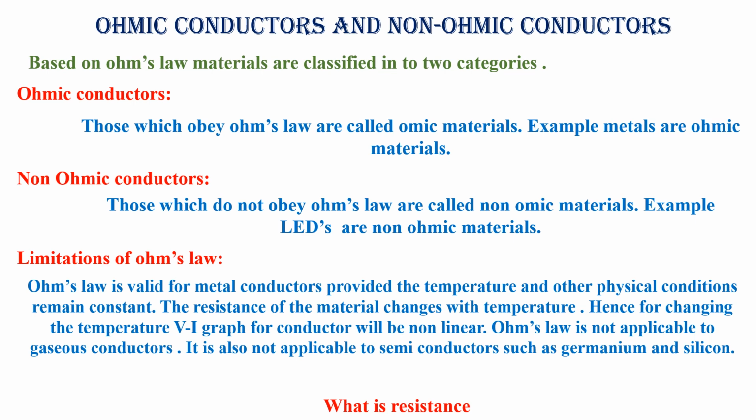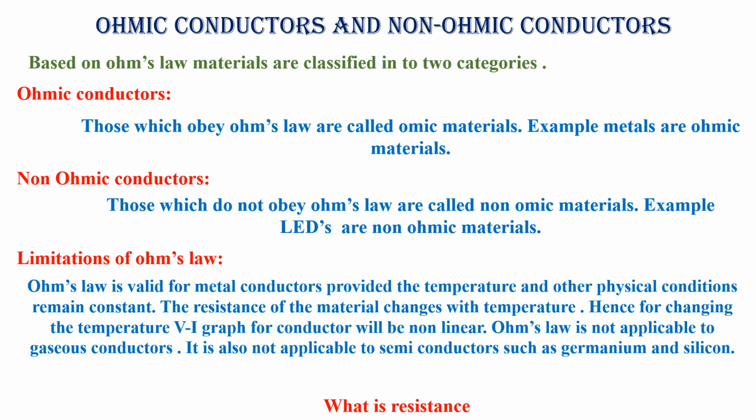Okay. Ohm's law is valid for metal conductors provided that the temperature and other physical conditions remain constant. The temperature and physical conditions both must be constant. The resistance of the material changes with temperature. We'll get to know about resistance later on. I am not telling you right now. But the resistance of the material changes with temperature.